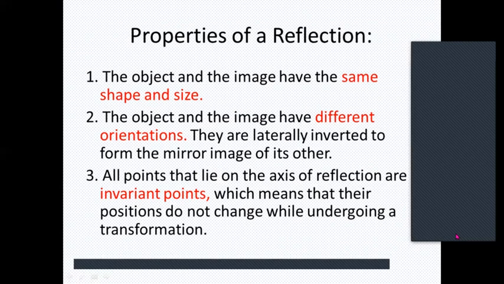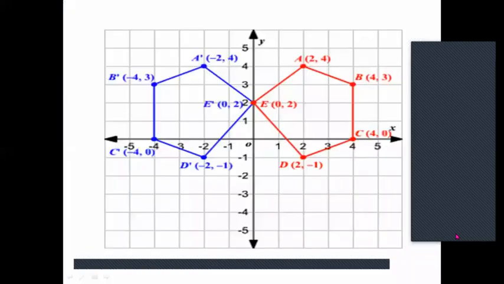It does not change. The position does not change, so they are said to be invariant points. Again, invariant points do not change their position while undergoing a transformation. We will explain more with some examples here.